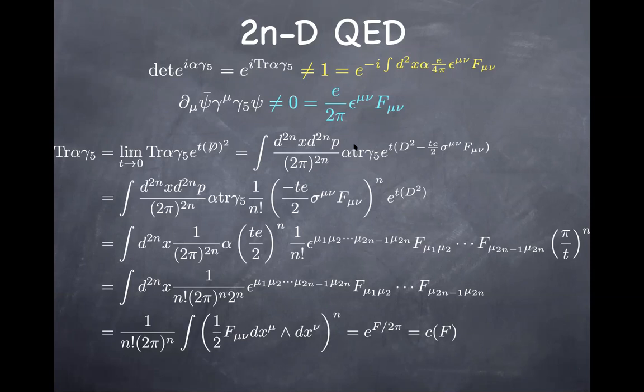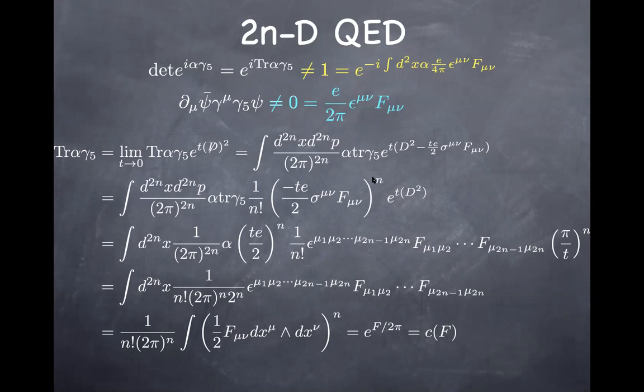So I have to find its partner to do the Wick contraction for every gamma matrix inside gamma 5. So gamma 5 is a product of 2n gamma matrices. Sigma mu nu is a product of 2 gamma matrices. So I need to bring in n factors of sigma mu nu to allow for the Wick contraction of every gamma matrix so that I can get a non-zero trace.